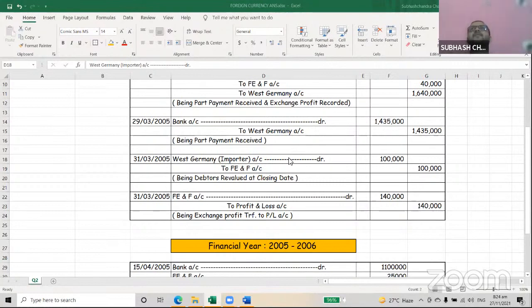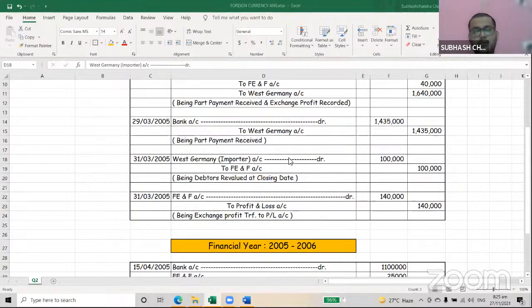Whatever remaining amount is yet to be received, on that amount we will apply the rate 45. The difference between 45 and 41 is 4 rupees, and by that amount our debtor will be increased.